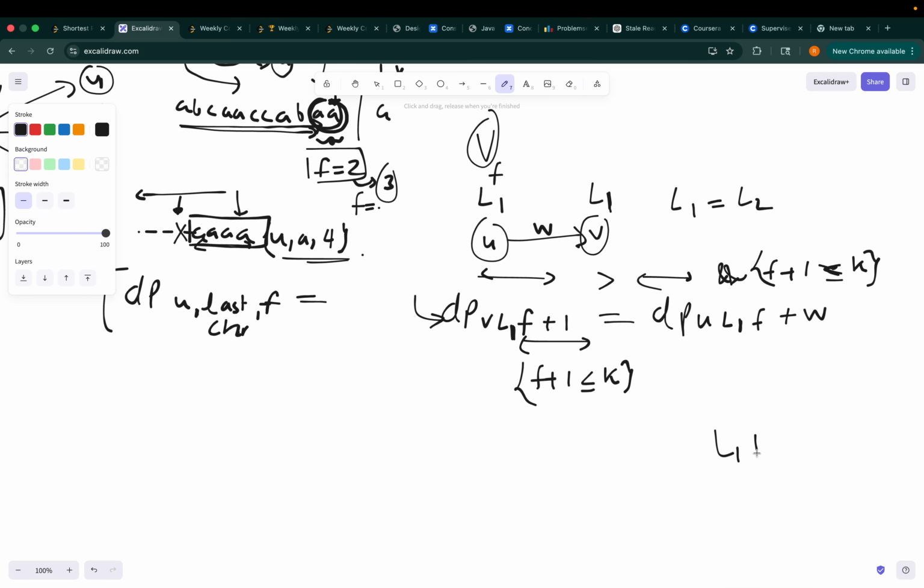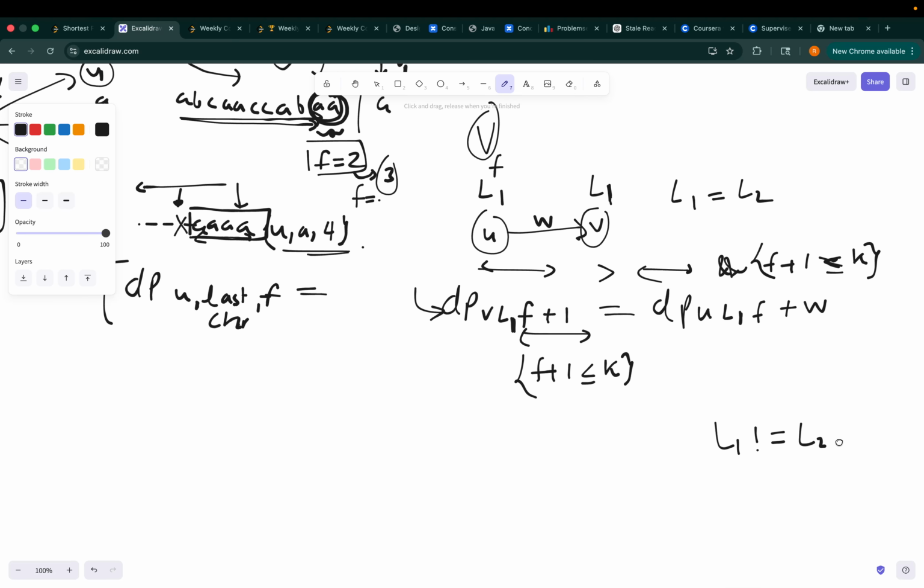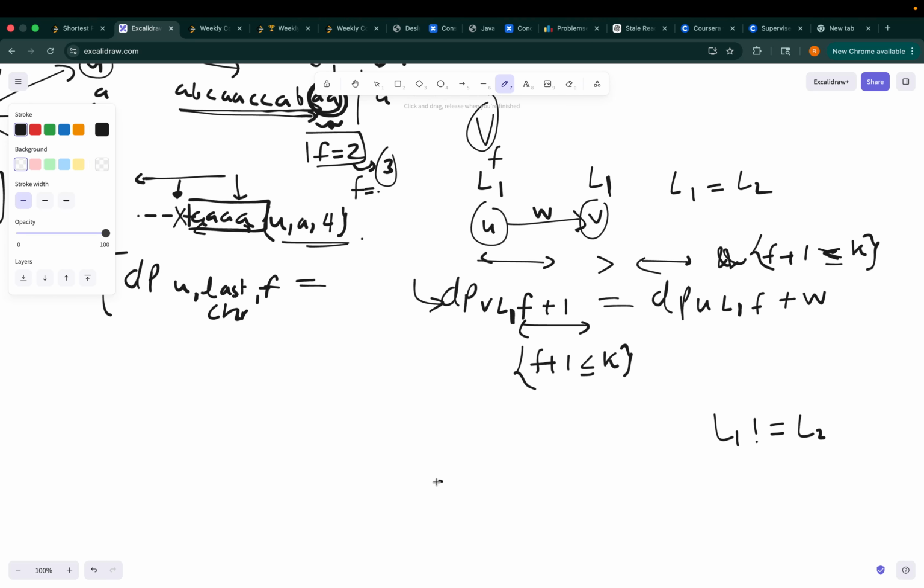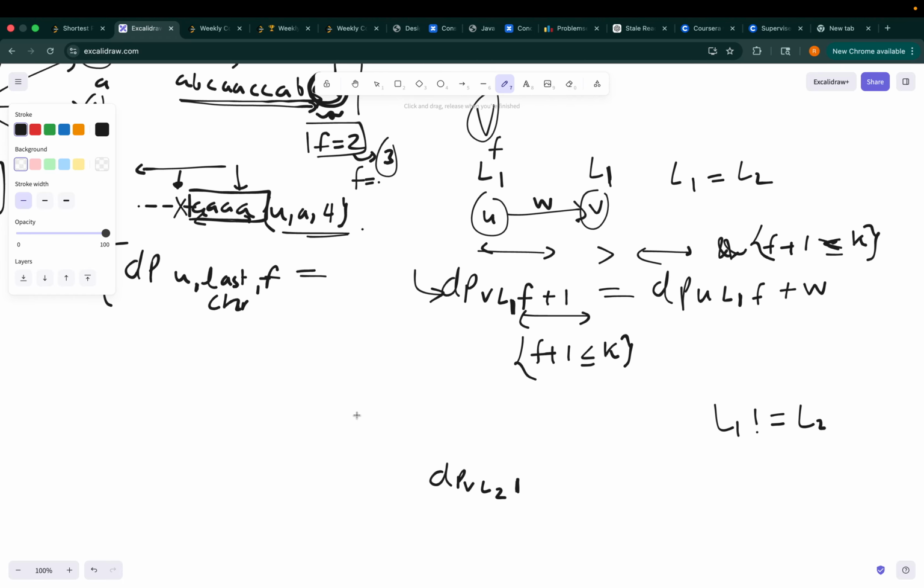And let's say L1 is not equal to L2. Okay, in that case what we'll do is very simple. We just do dp of v, L2 and 1, because up till here we were seeing, let's say, a's, and now we are seeing a b at v. This is u, this is v. So obviously our last character is b when you're standing at v, right? So you're seeing it just once.